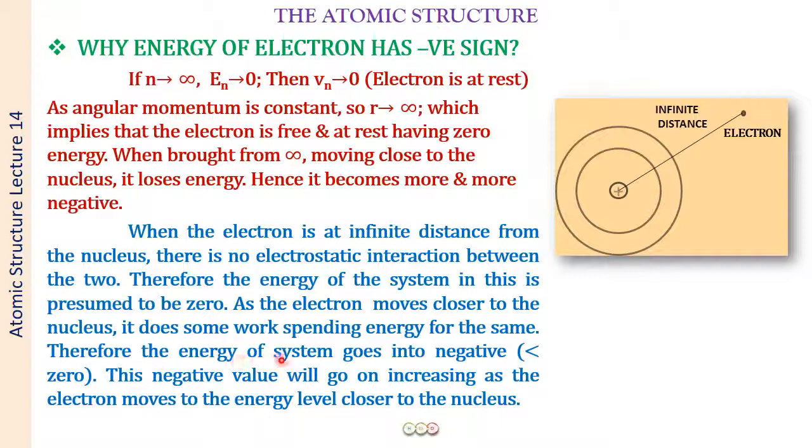Therefore, the energy of the system goes negative, that is less than 0, and this negative value will go on increasing as the electron moves to the energy level closer to the nucleus. So I hope this very important question is clear, and you are clear why the energy of the electron has a negative sign.